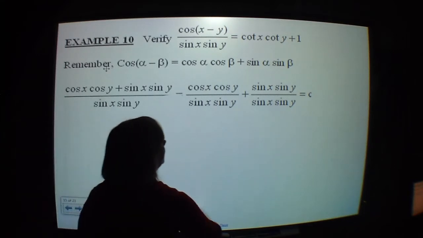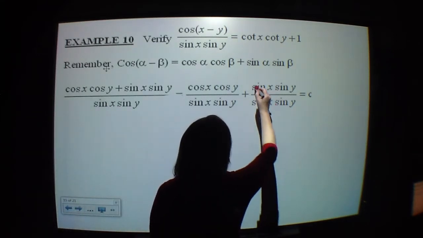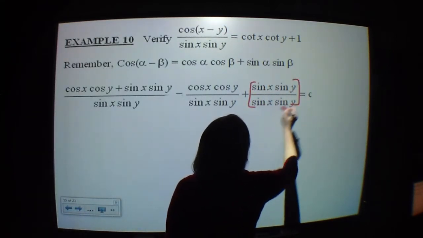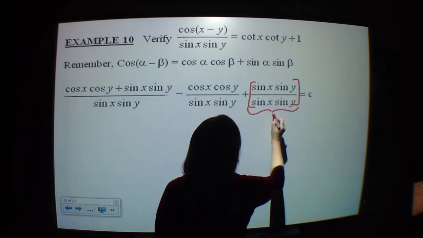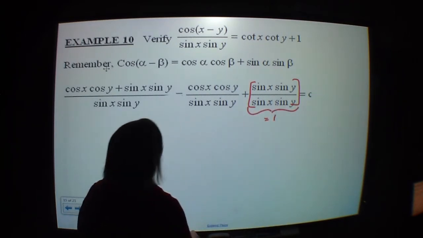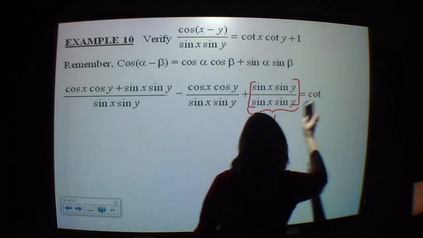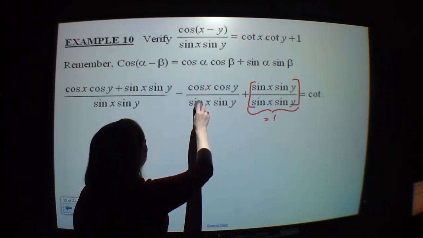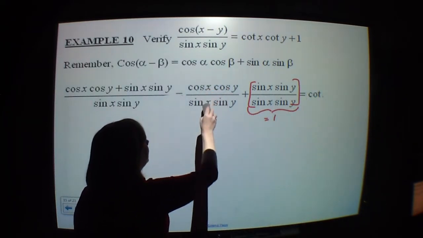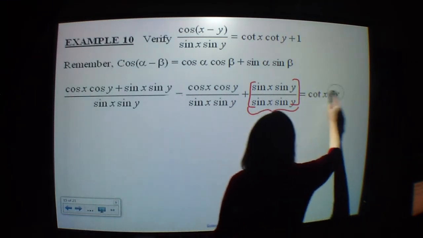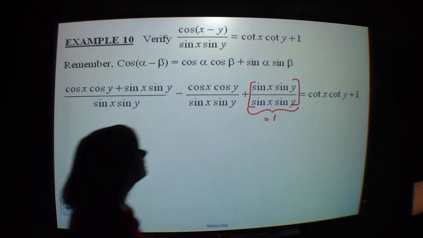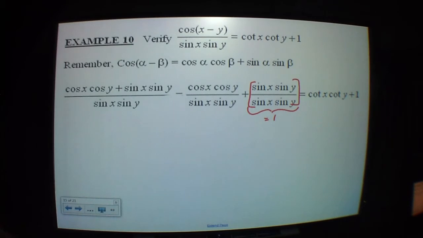Oh, this cancels out right here. Notice this right here, that whole thing is equal to 1. This right here, cosine over sine is cotangent. So cotangent of x, cotangent of y, plus 1. You're done.